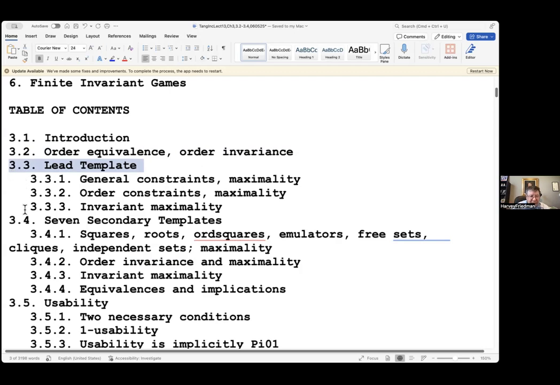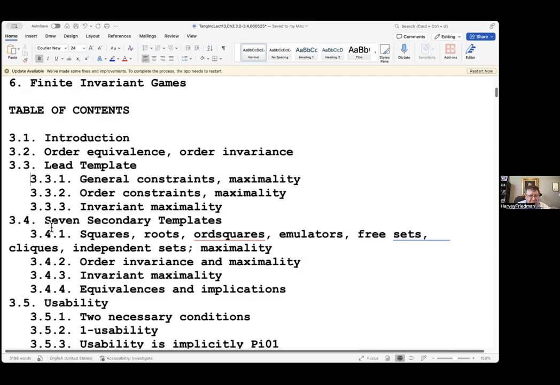And the lead template is actually in here. But we first discuss the boldface case. There's a boldface thing, which is not the headline of invariant maximality. But for completeness, we discuss a boldface kind of template. And then we have 7 different, what I call secondary templates, which are more specific to particular interests in mathematics among mathematicians.